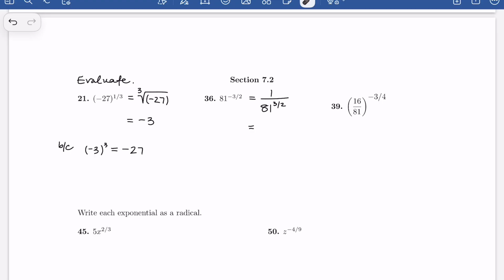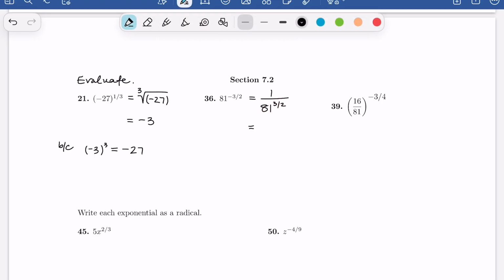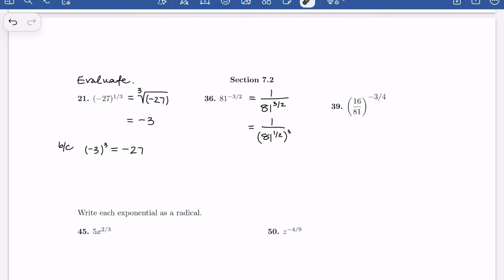In this case, since 81 is a perfect square, this tells me that maybe I should take the square root of this first and then cube it. So I'm going to rewrite this 3/2 as we're going to have 81 raised to the half power and then cubing that. Our exponent rules tell us that if we were to cube this entire thing, this is the same thing as raising this number to the 3/2 power.